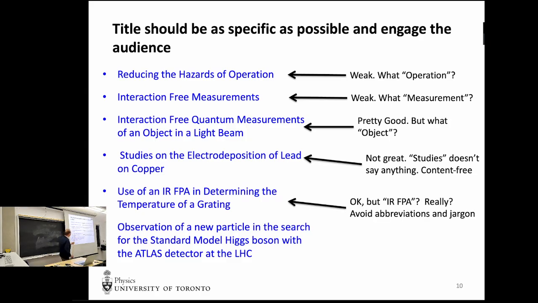Right, IR FPA. So in fact, some journals will not allow you to put abbreviations into the title. Just this last week, we had an argument with the journal editor because we were writing a paper on the dark matter search, and the type of detector we've been using is one that we've developed and used for close to 20 years, what we call an HVeV detector.